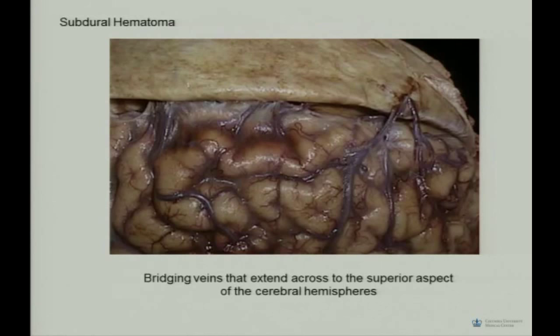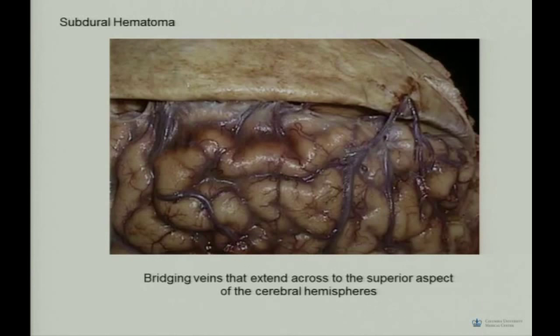A subdural hematoma, this is where the bleeding is below the dura mater, most commonly results from something that damages the set of veins that we refer to as bridging veins. And they run, if you can see, through the dura mater, okay?